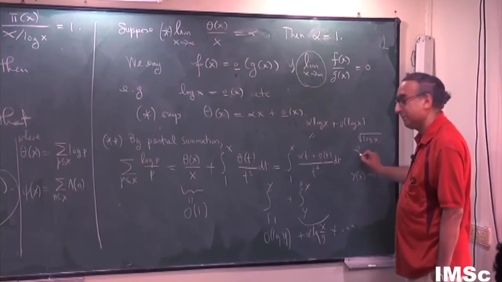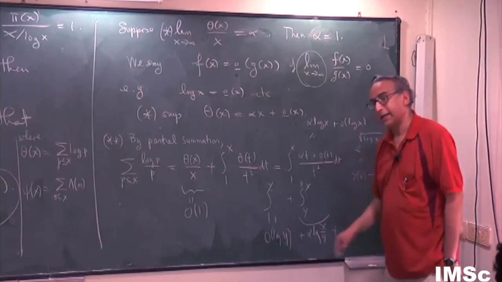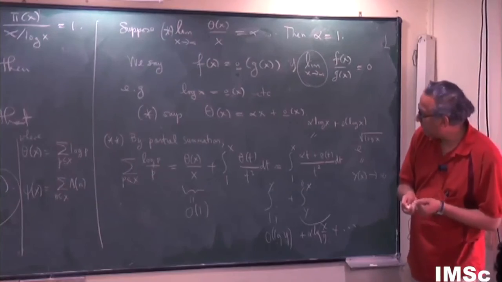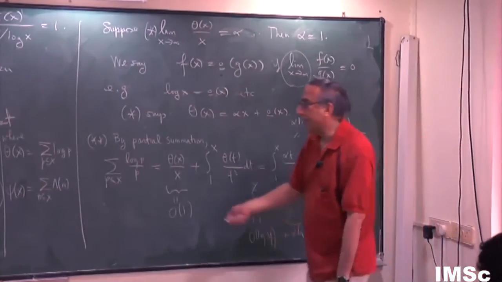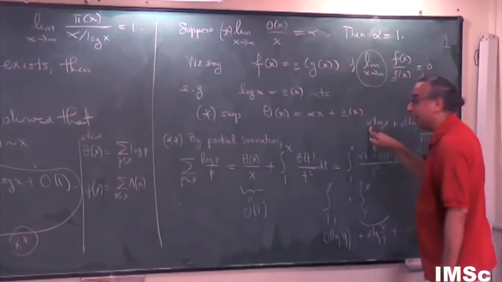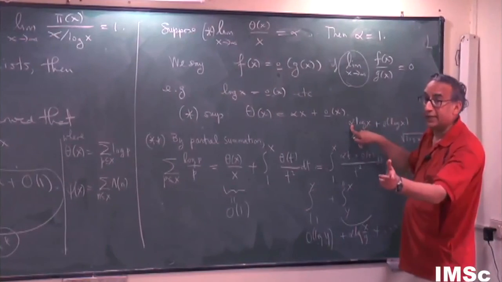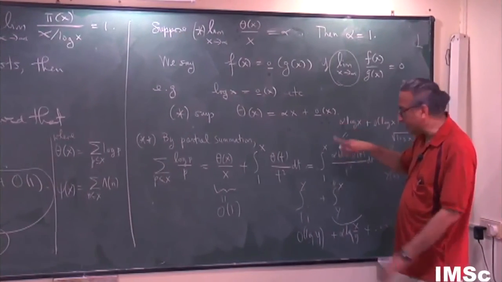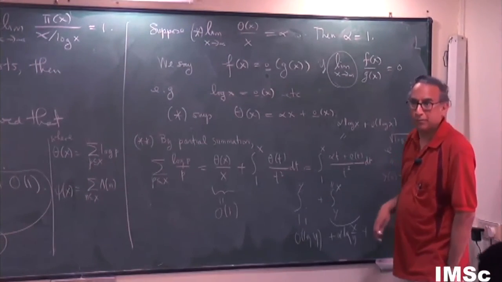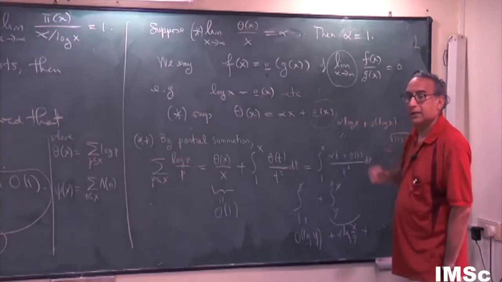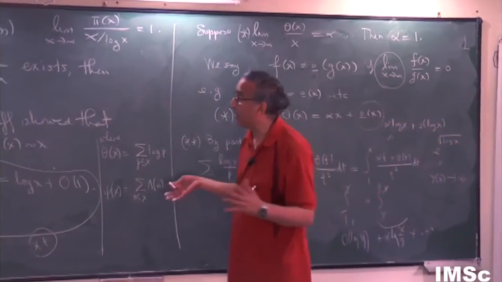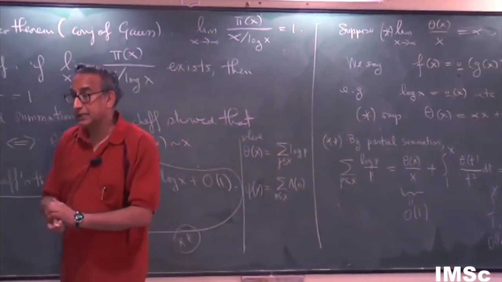So the contribution from the y factor is substantially smaller than log x, since the main term on the left-hand side is log x, and the other term here is alpha log x, you then deduce alpha has to be 1. Okay, so this is a little bit of a trick exercise in analytic number theory, which you should master in how to use the little o symbol. Okay, but that's the proof. That's the proof of Chebycheff's theorem that says if the limit exists, it has to be 1.